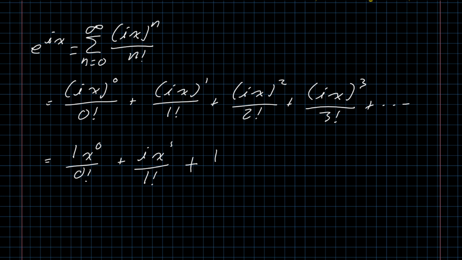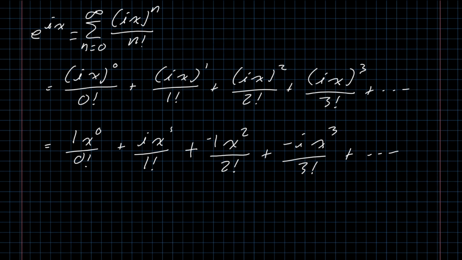And I'm actually going to write this as plus minus 1 times x squared over 2 factorial, and plus minus i times x cubed over 3 factorial. And we'll continue on with these exponents. 1 times x to the 4th over 4 factorial, i times x to the 5th over 5 factorial, negative 1 times x to the 6th over 6 factorial, negative i times x to the 7th over 7 factorial, 1 times x to the 8th over 8 factorial, so on, so on, so on.